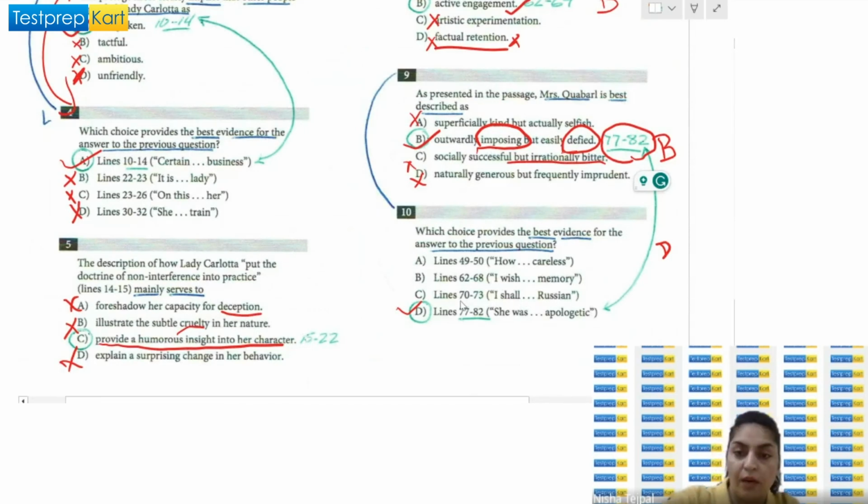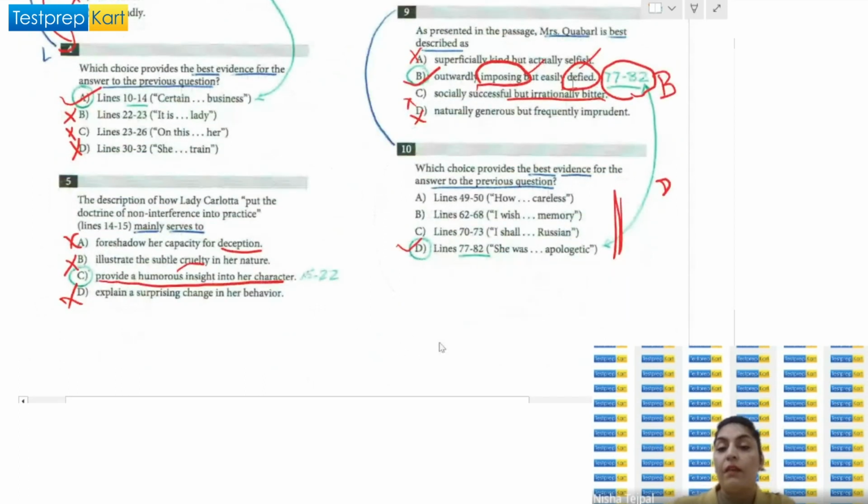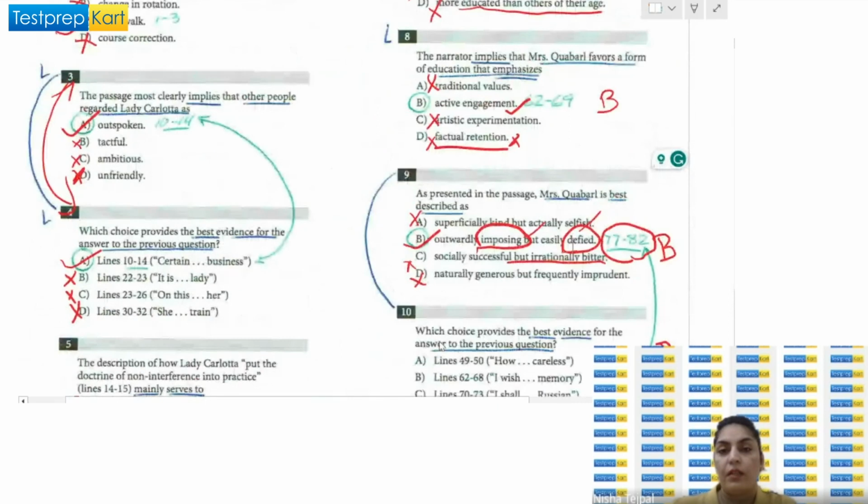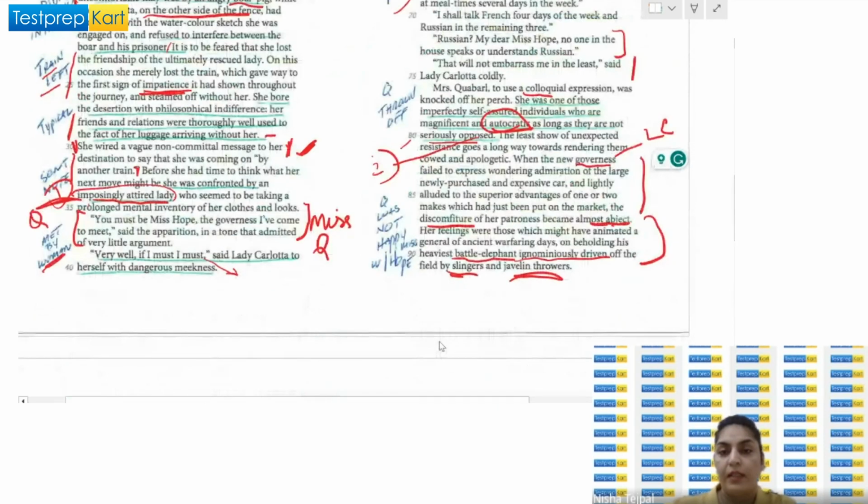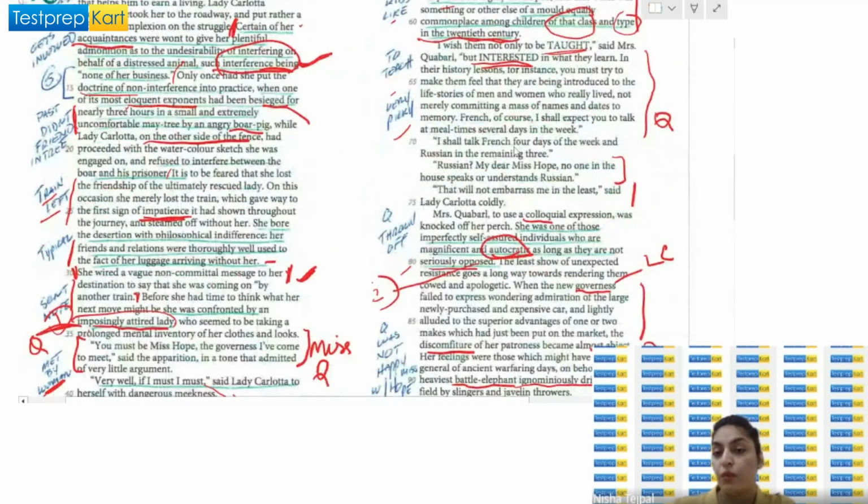However, we have to look for the lines from these four options which are supporting these two traits of Miss Quabal. Now it's line 70 to 73. I shall. Line 70. I shall talk French four days of the week and Russian in the remaining three.